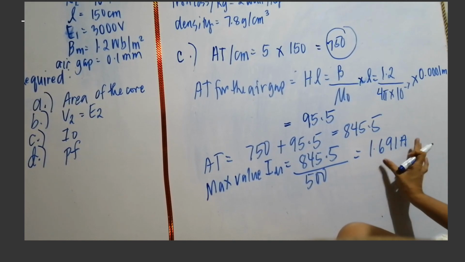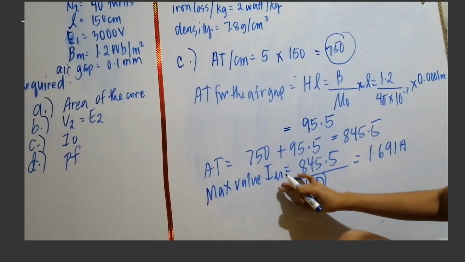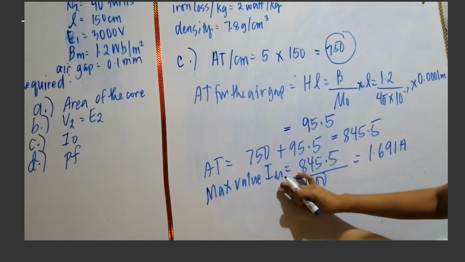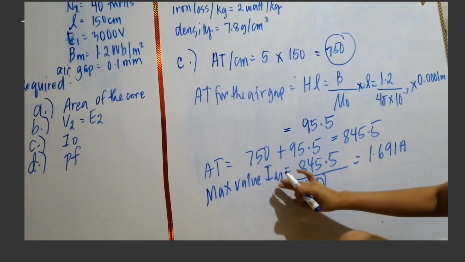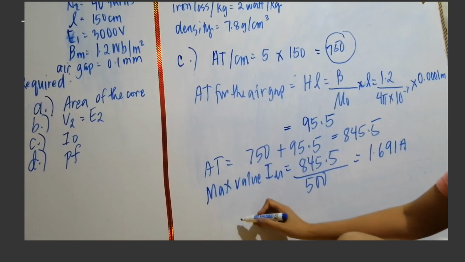But this is not yet the value of the magnetizing component that we want to get, because we have to get the RMS value, which is the effective value.